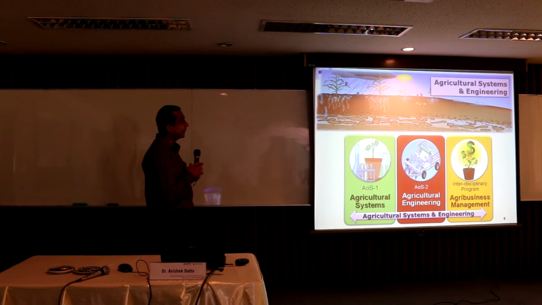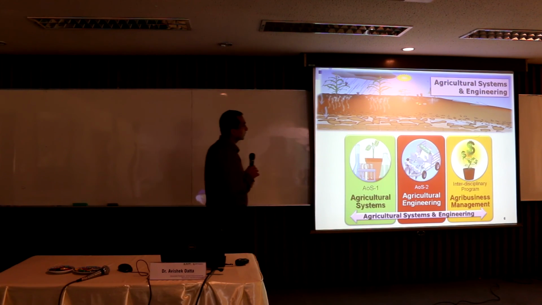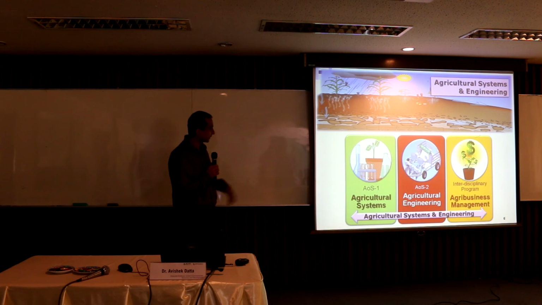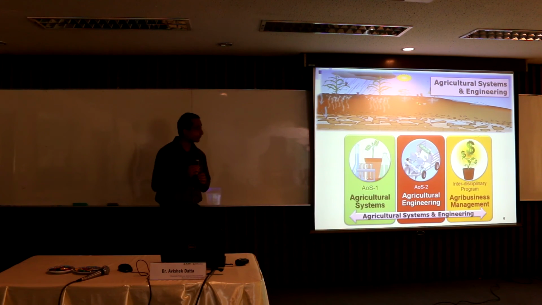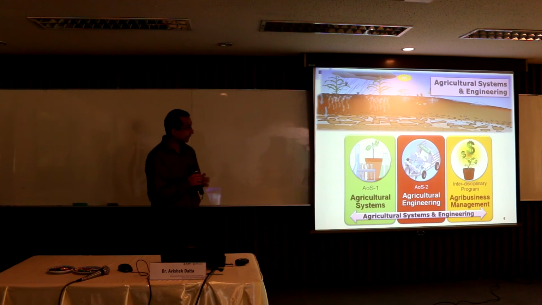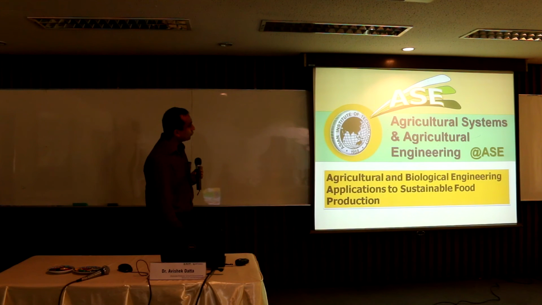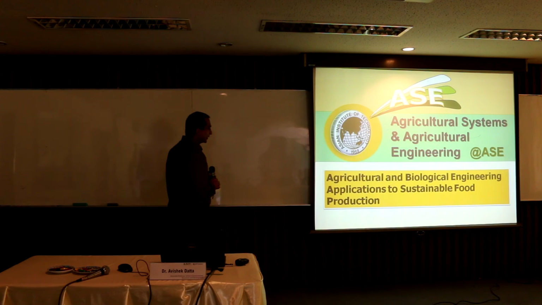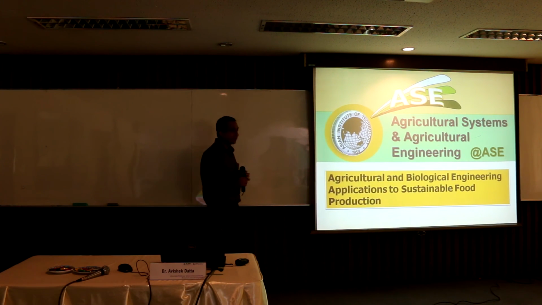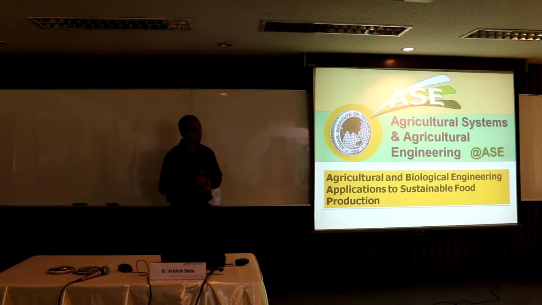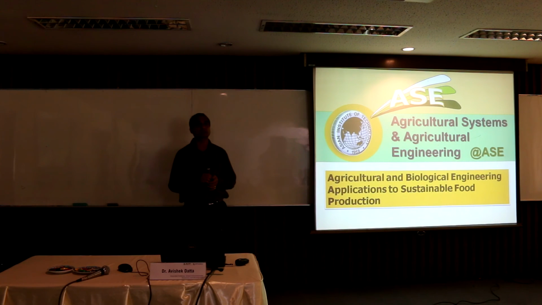Okay, so I will be mainly talking on the research we are trying to do in agricultural systems and engineering. As I said before, it is represented by 3 different specializations: agricultural systems, agricultural engineering, as well as agribusiness management. Our overall objective is the application of agriculture and biological engineering to sustainable food production.